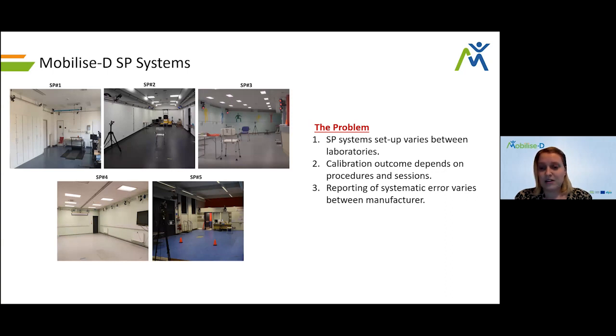In addition, the reporting of the specific errors for the system varies between manufacturers, which is an issue for us within Mobilise-D because we have 2 different manufacturers for our systems. So in respect to what Marco has presented in regards to characterizing our IMUs, we want to do something similar with our gold standard within the lab.